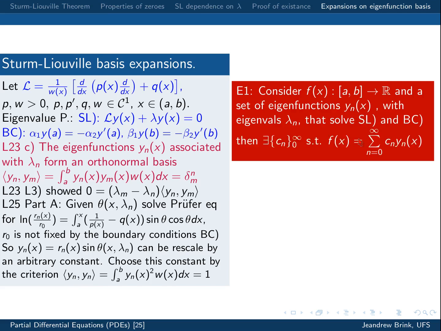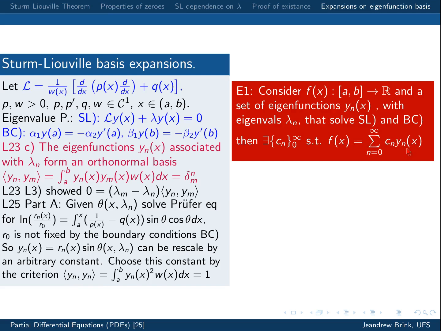And then any function can be represented on the set. So there exist Cn, a set of numbers from 0 to infinity, so that you can express this function f of x as the sum of Cn multiplied by the basis functions.